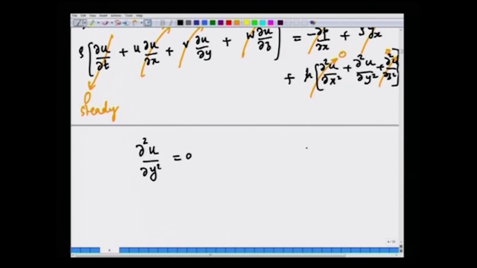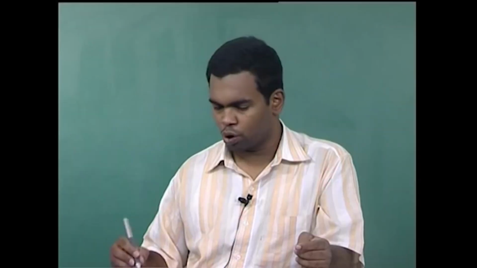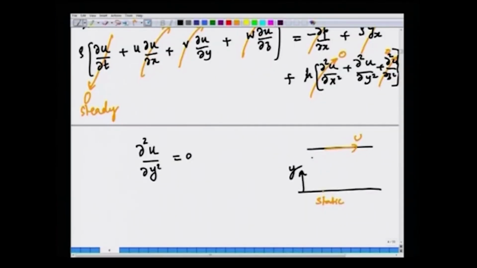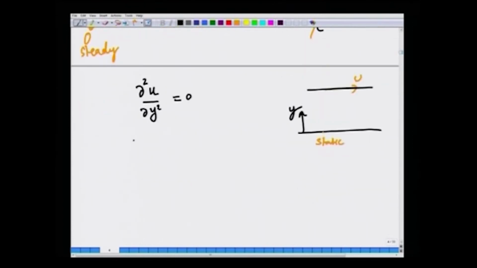Now, this is not 0 because the top plate is moving with a constant velocity U, the bottom plate is stationary. So, clearly u within the two plates will be a function of the normal coordinate, which is the y direction in our problem. Okay. So, this cannot be 0, and since u is only a function of y, I can change the partial derivative to an ordinary derivative.